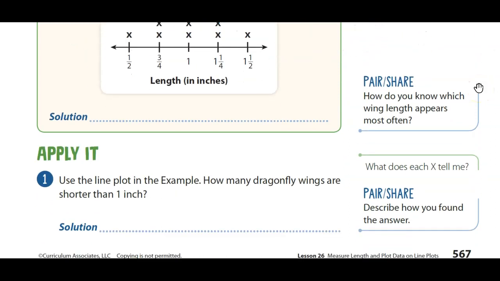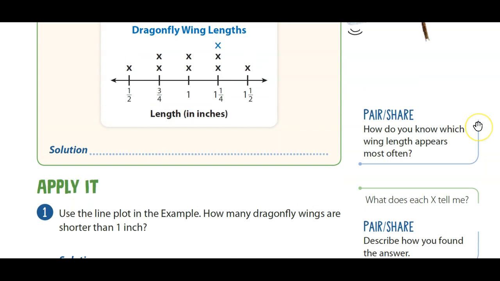Use the line plot in the example. How many dragonfly wings are shorter than 1 inch? Now, how many are shorter than 1 inch? 3. Now, if I said something like this, how many are 1 inch or shorter? How many would that be? 5.